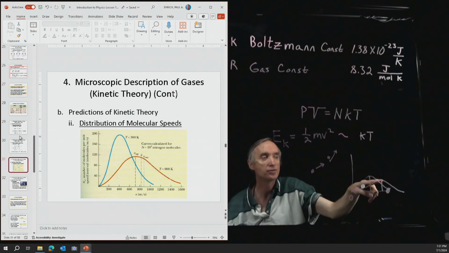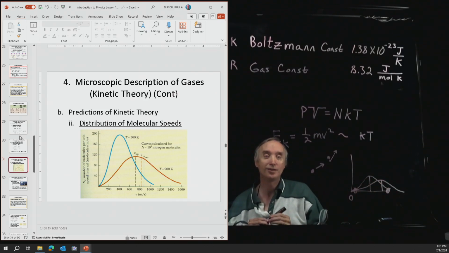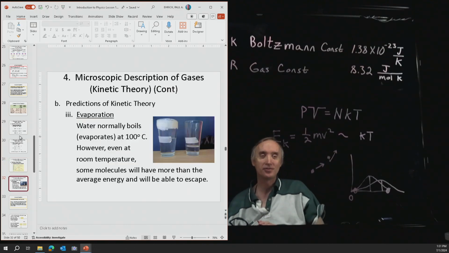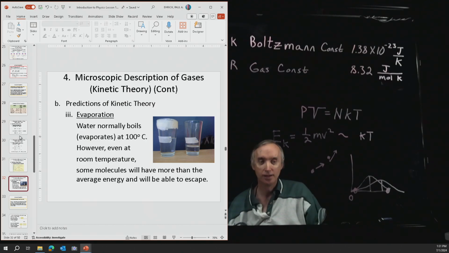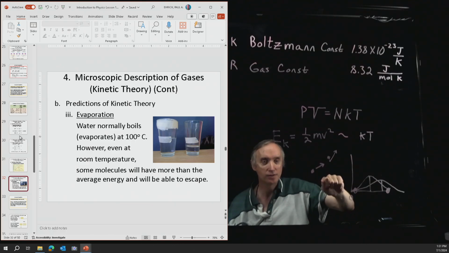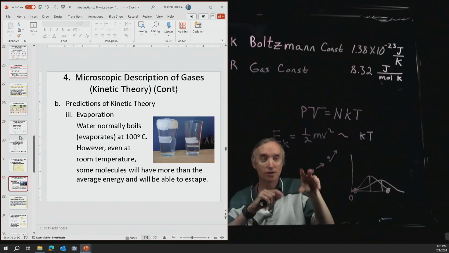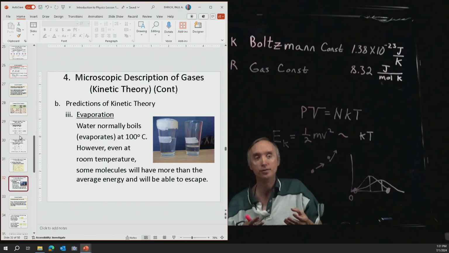Okay, and so a different distribution occurs when you increase the temperature. Okay, who cares? This is very useful in explaining the process of evaporation. Now you all know that if you increase the temperature of water to 100 degrees Celsius, it starts to boil. And so it starts changing from a liquid into a gas.